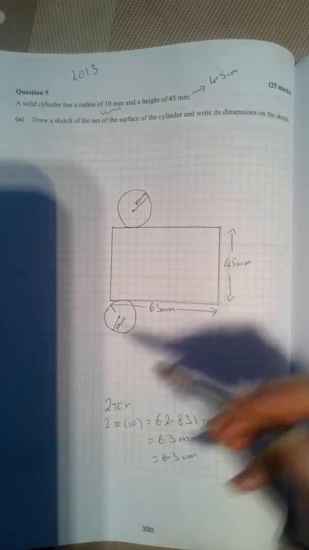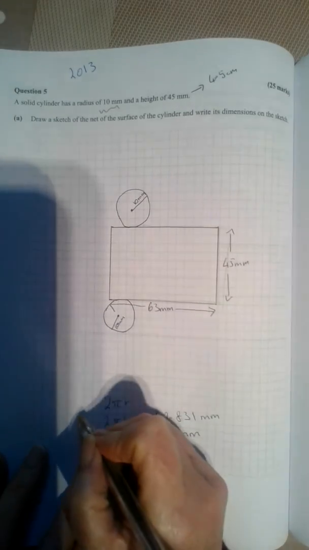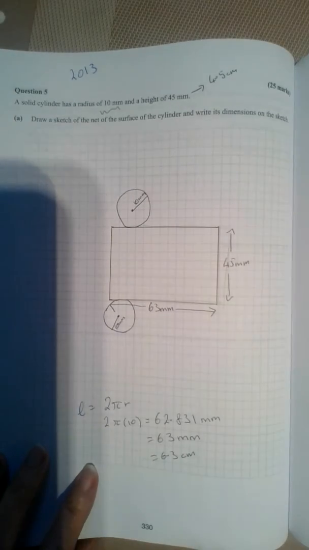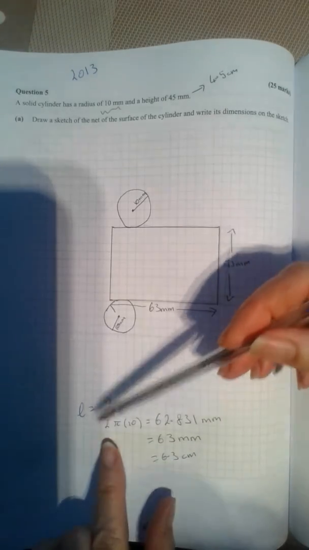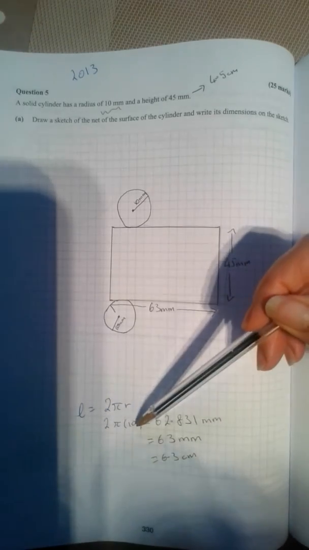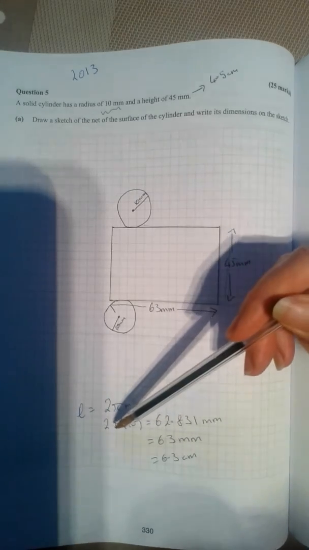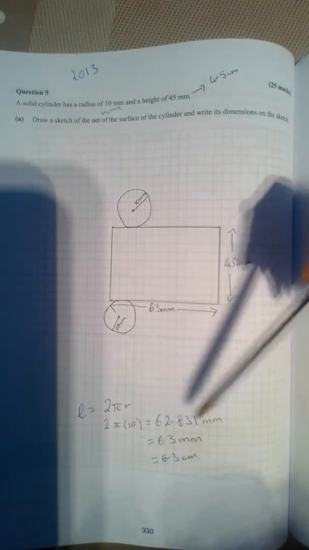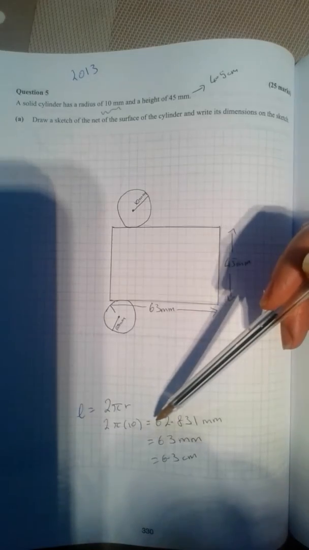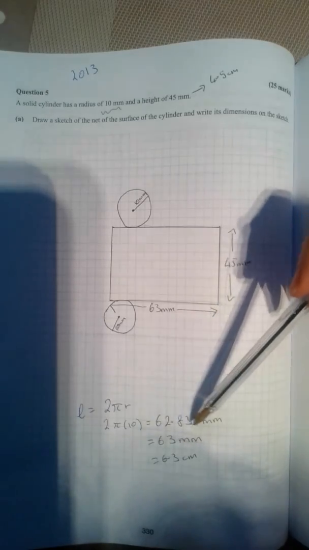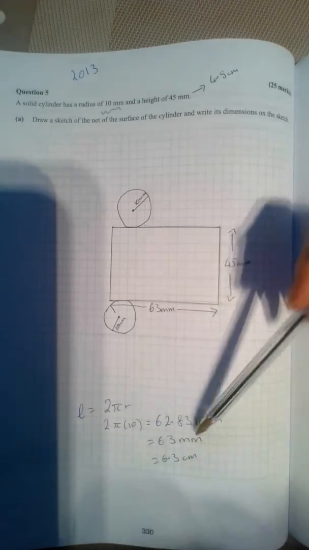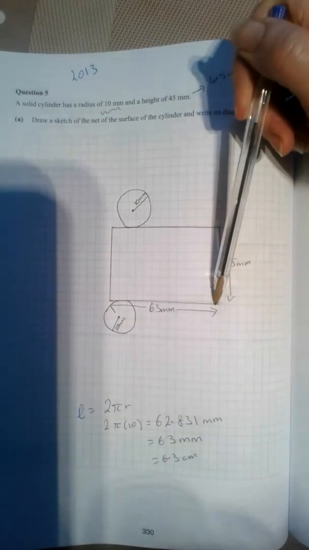L is equal to 2 pi r, which is equal to 2 pi by 10. Multiply it out and change the SD button to get it into decimal form, and we've got 62.831. Well, I'm going to turn that into 63 millimeters, so that's 63 millimeters there.